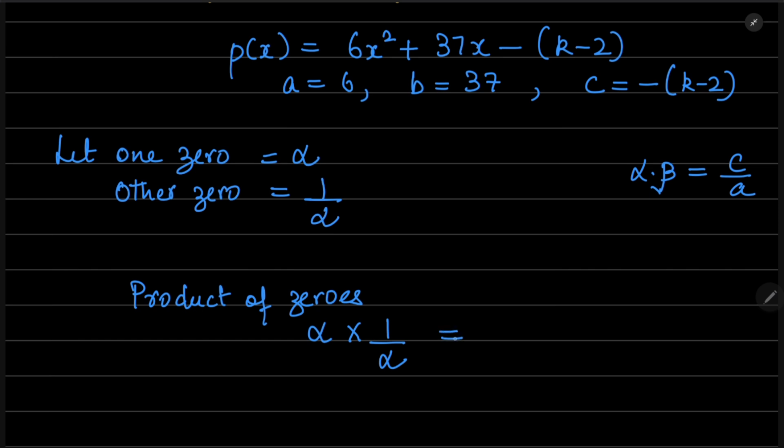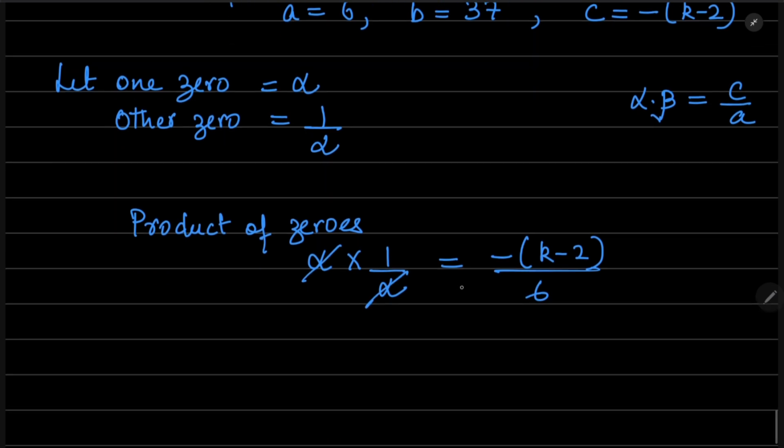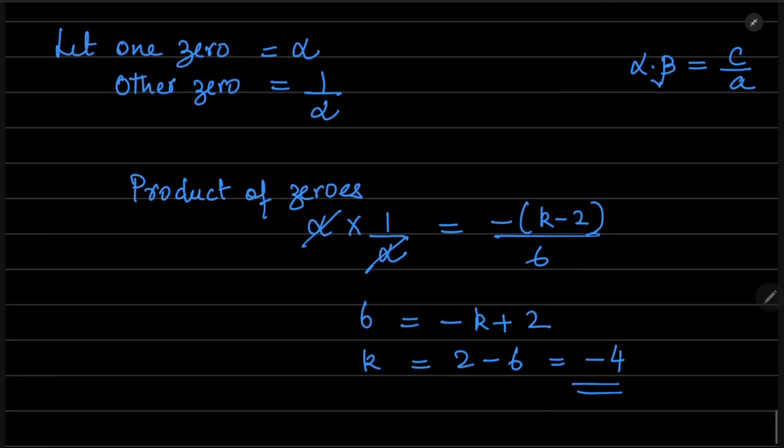So this product is equal to c by a. What is c? Minus k minus 2 divided by 6, right? So alpha gets cancelled, cross multiply. So 6 is equal to minus k, open the brackets, plus 2. So k will go here. It's equal to 2 minus 6, that is minus 4. So the k value is minus 4.